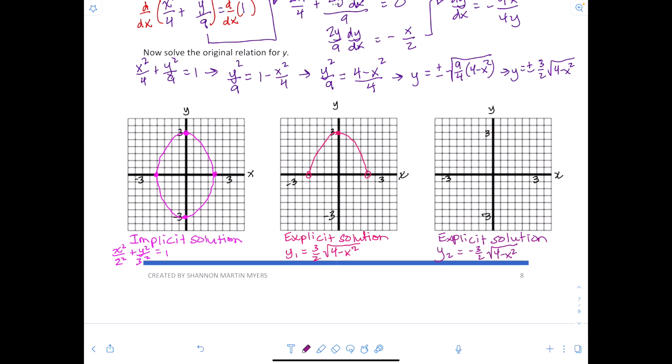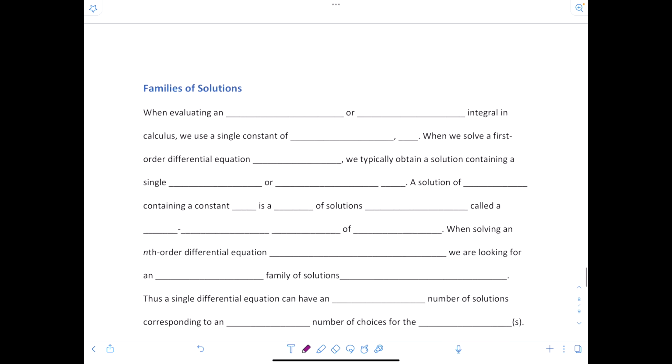And so we would have this situation here. Groovy? All right, so just sort of examining the differences between explicit solutions versus the implicit solution.